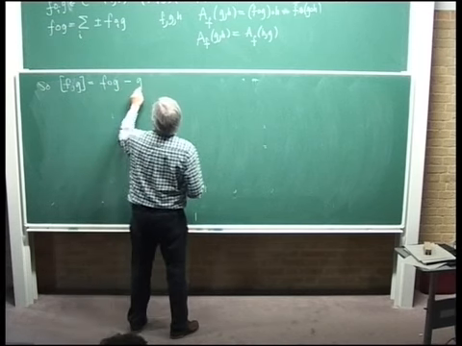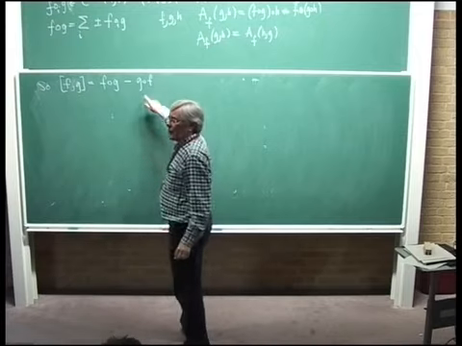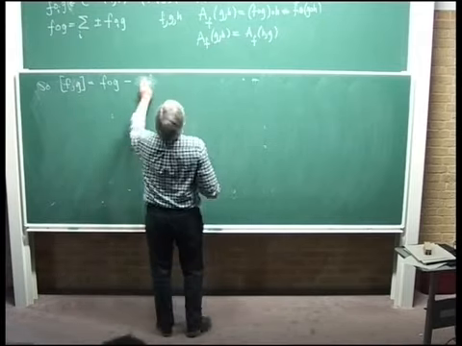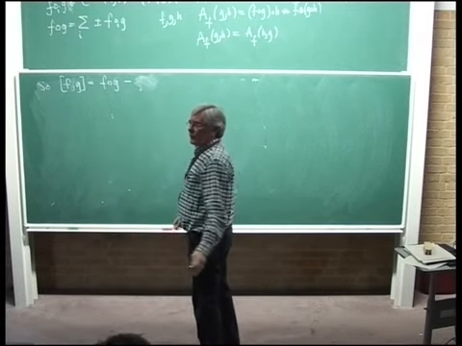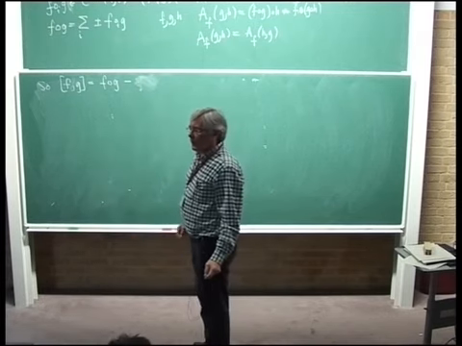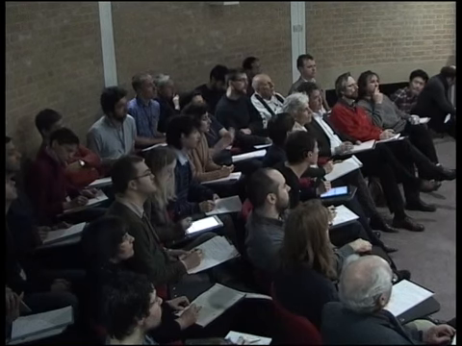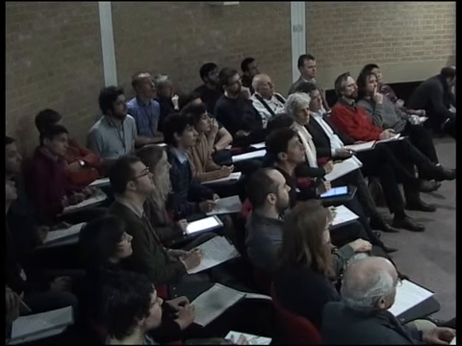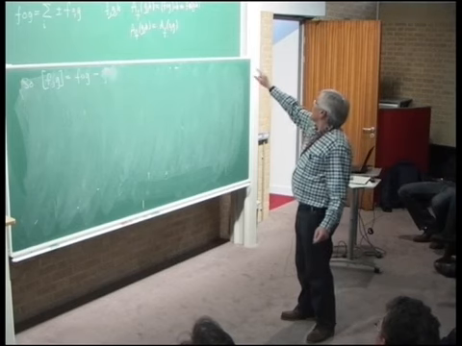I'll write minus G circle F, but I should put the correct sign. I suppose there's a sign in the previous equation already. No, because that involves no swapping of F and G. Of G and H. Yes, you swapped G.